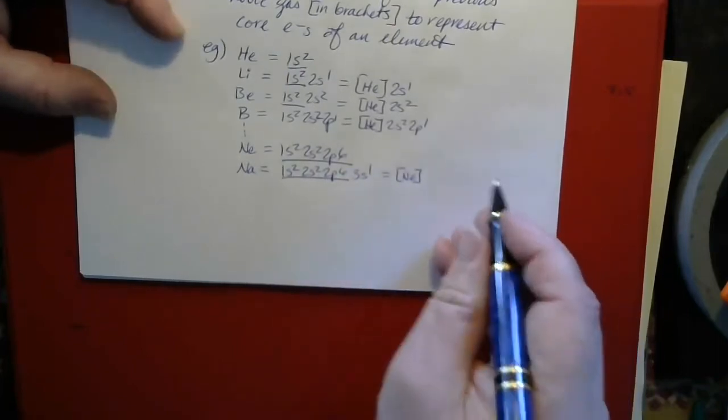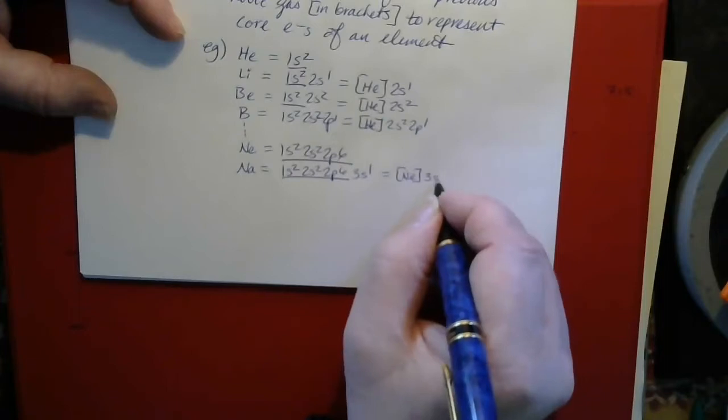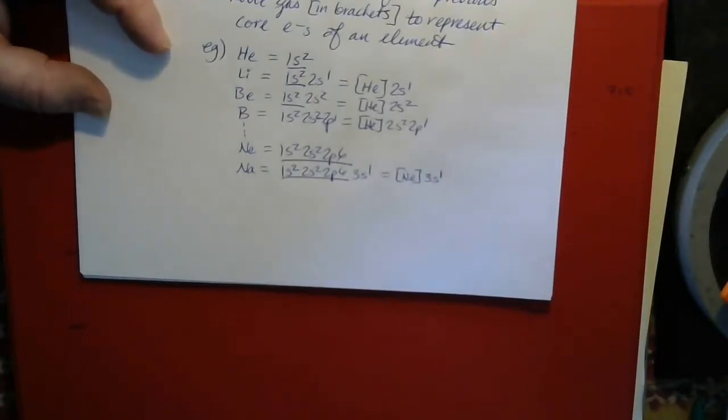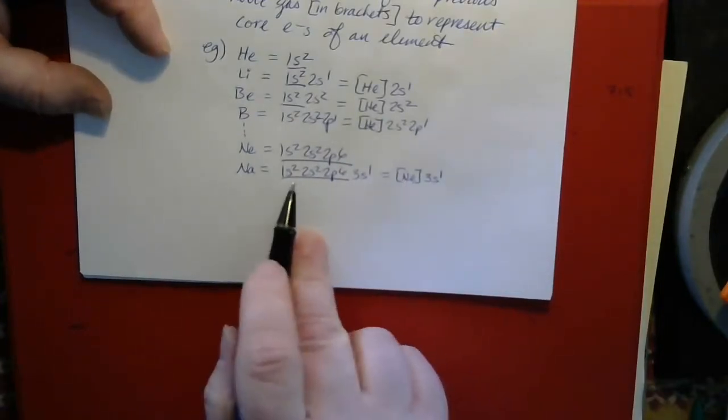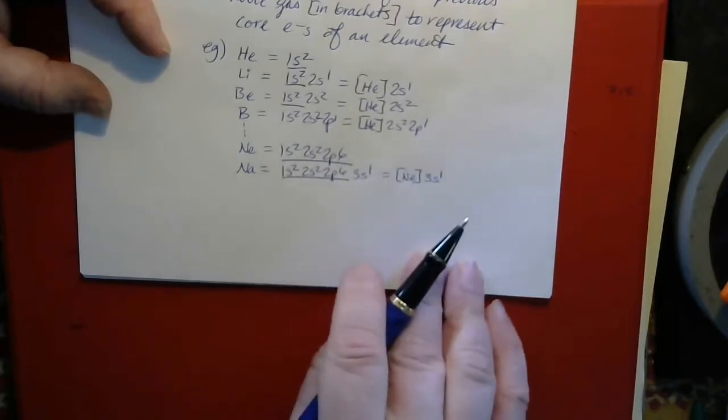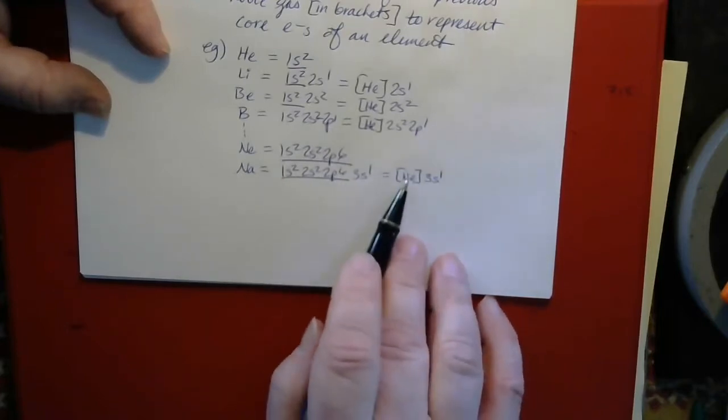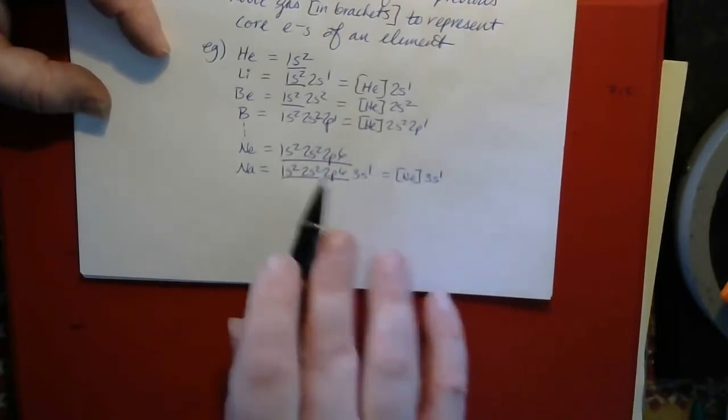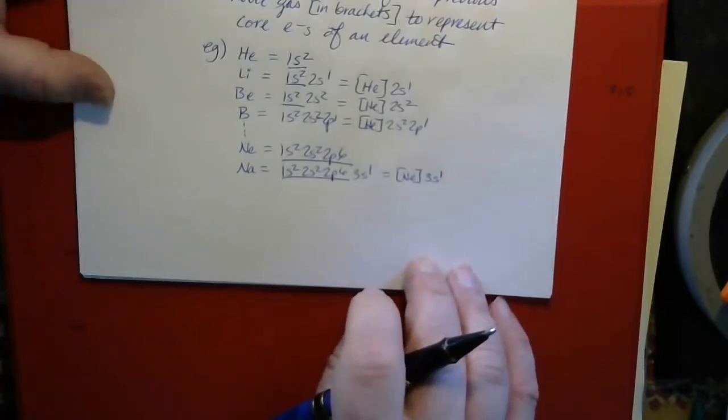And that would be neon in brackets, followed by 3s1. And in this case, you actually did save yourself a fair amount of effort. And so that's basically noble gas abbreviation.